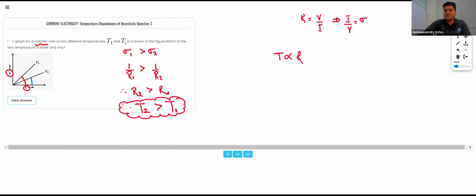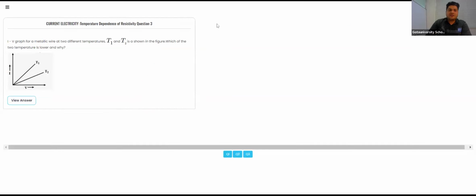Once more, in this question we have a metallic wire with temperatures T1 and T2. Here I upon V is greater for 1 than for 2. V upon I is resistance, and I upon V is conductance. So conductance 1 will be greater than conductance 2.